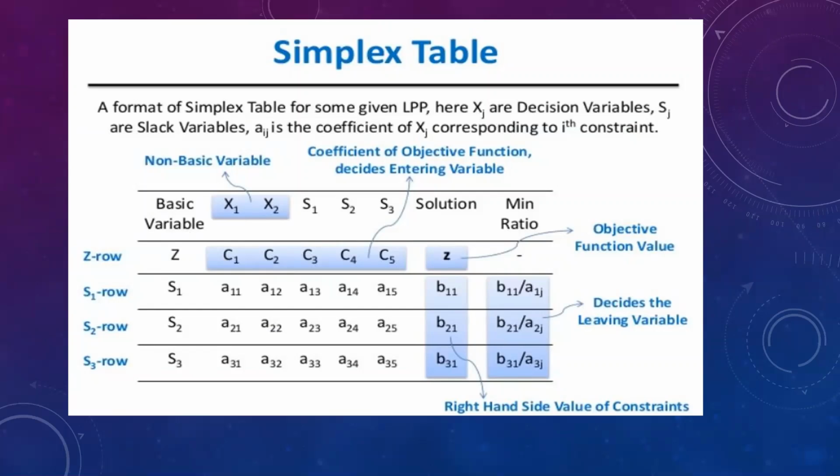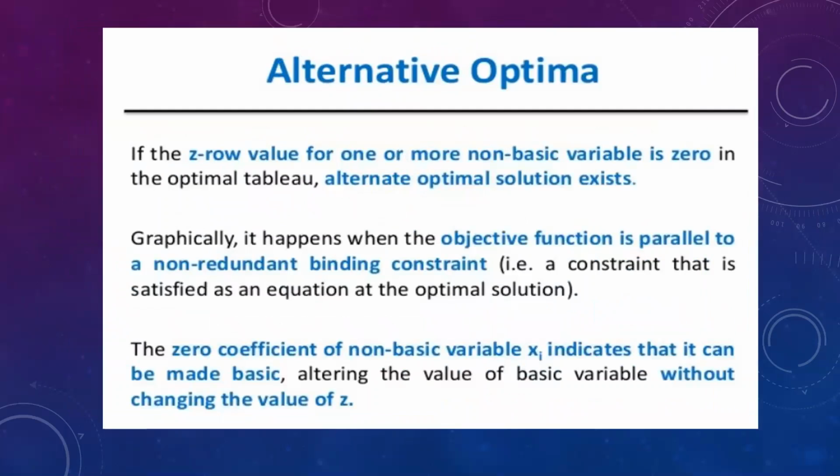Suppose for x2 the Z row value comes 0, then we can consider x2 as a basic variable, because its coefficient is 0 and it does not affect our objective function. So we can convert it into a basic variable without altering our objective function. This is called alternative optima or alternative solution.